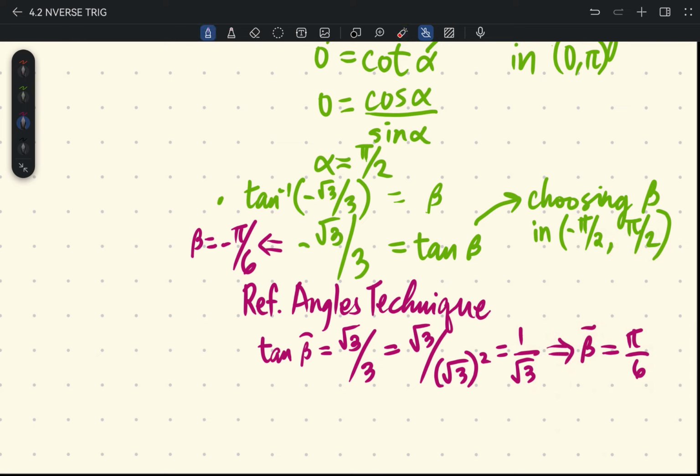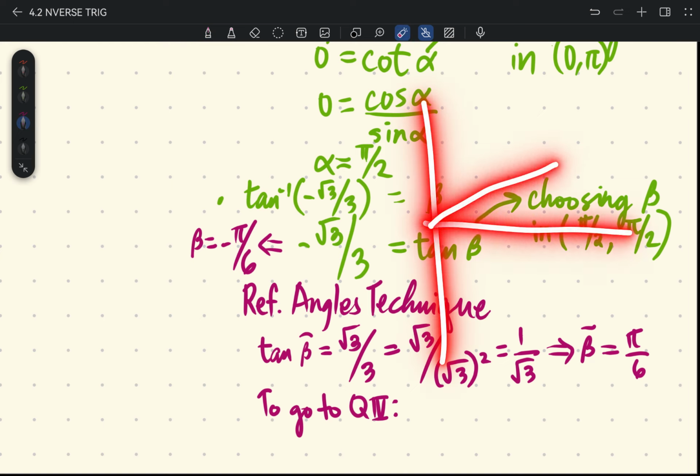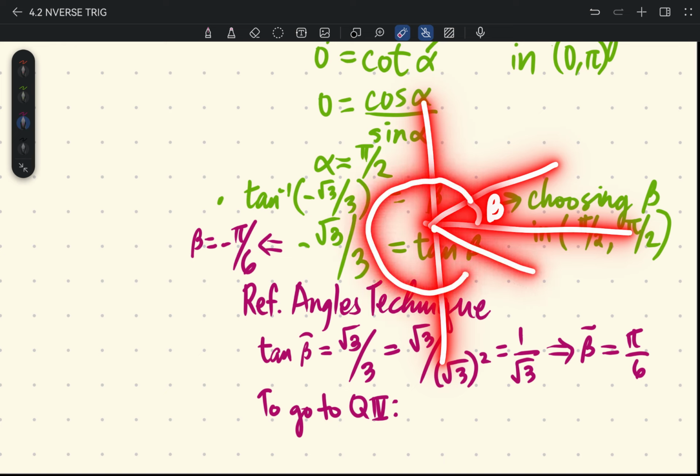To go to quadrant 4, how do we do that again? If you have this angle beta right here, to go to quadrant 4, you do a complete rotation, but you subtract this one. But this line right here is just a reflection of this line in quadrant 1.